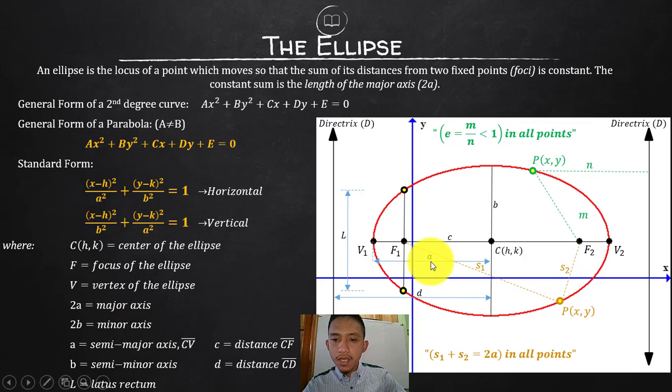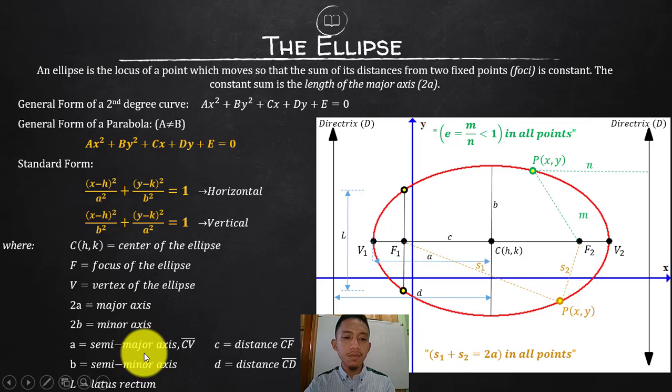So what is A and what is B? If 2A is the major axis, A is the semi-major axis. What do you mean by semi? That is half. Half of your major axis is A, and B is half of your minor axis, the semi-minor axis.